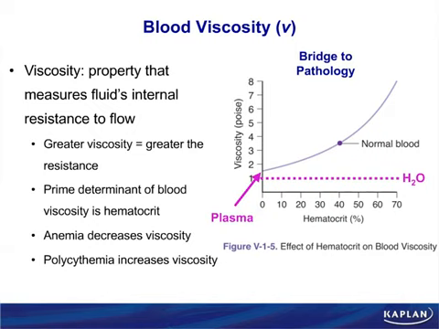Now, these elite endurance athletes, they can deal with a higher viscosity and a higher resistance. Why is that? Because the work of the heart. This increased resistance means increased work of the heart. An elite endurance athlete can really pump out some blood. They have a very, very strong heart. But imagine a 55-year-old who's had 2 myocardial infarctions.